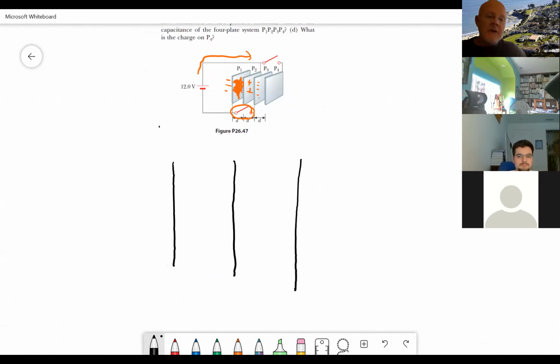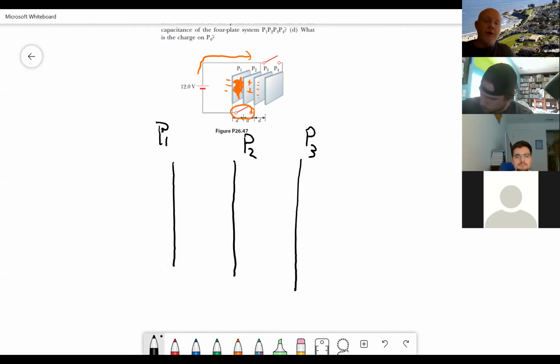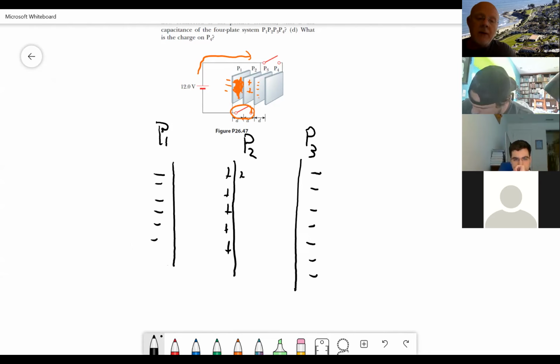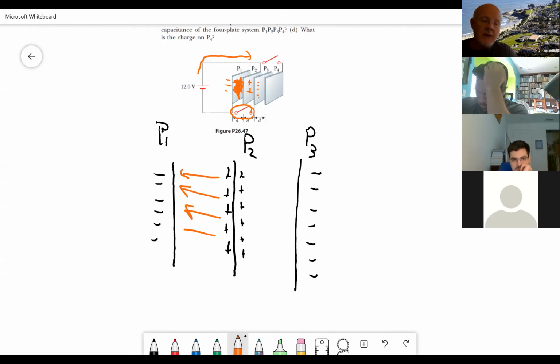If this is P1, this is P2, and this is P3, and there's a negative on here, that would make a positive on this side of the metal. But as we charge up this P3 negative, there would be an equal positive formed on the other side of P3. So the electric field from P2 to P1 would look like this, but at the same time, there would be a field here.